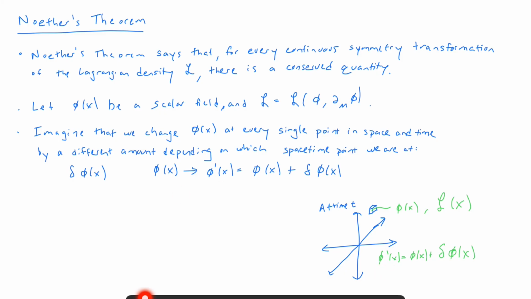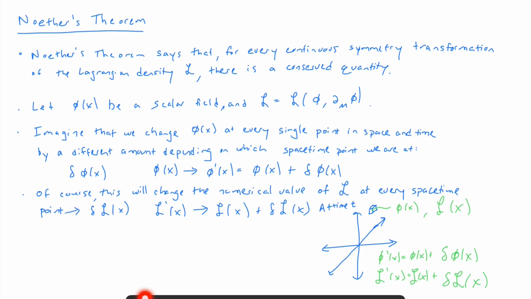And that phi prime of x is the old function, phi of x, plus some delta phi of x, some small value that we're changing it. And this could be different at every point in space and time. So this delta phi of x itself is a function at every point in space and time, which gives you a small real value. And that's what modifies the original phi of x to give you a new scalar field phi prime of x.